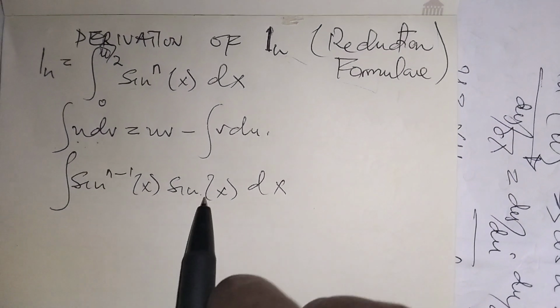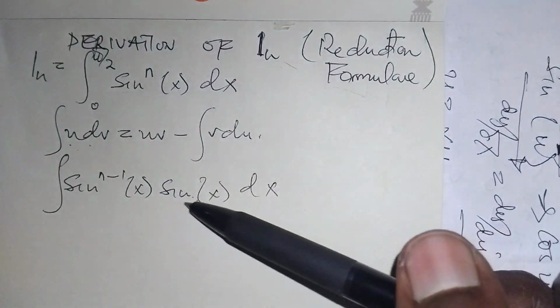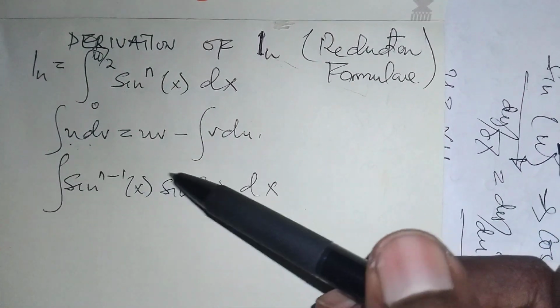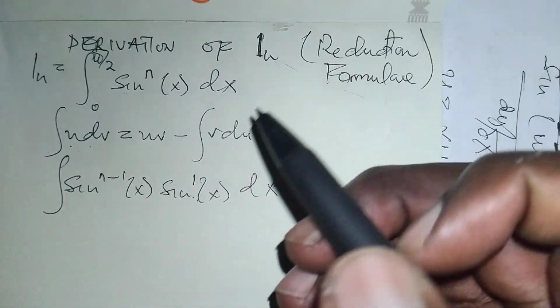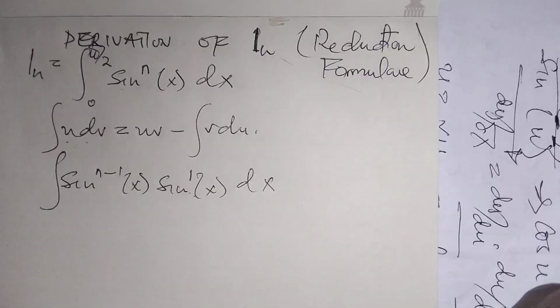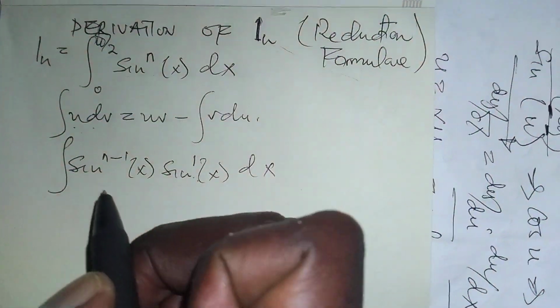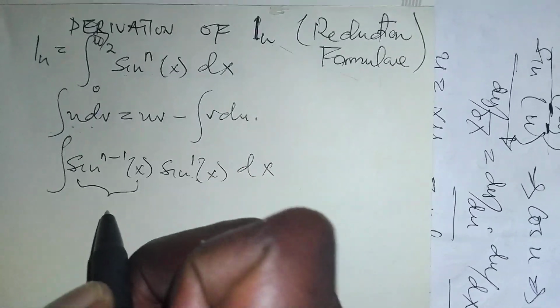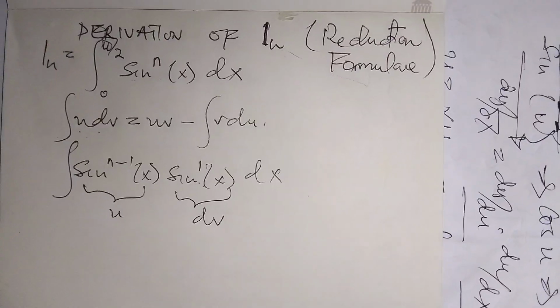These two functions have the same base, so you add the power. You have n minus 1 plus 1, here the power is 1, so you just remain with n. So we can let this part be u, then this part be dv.